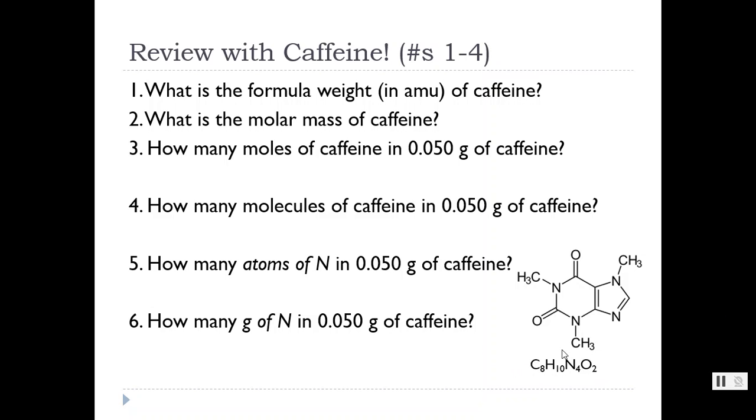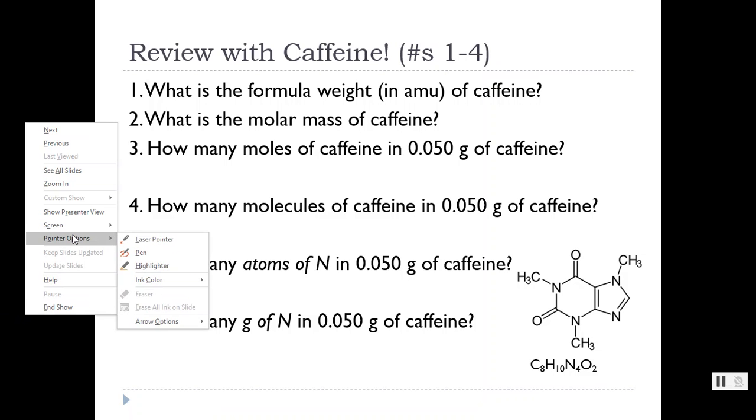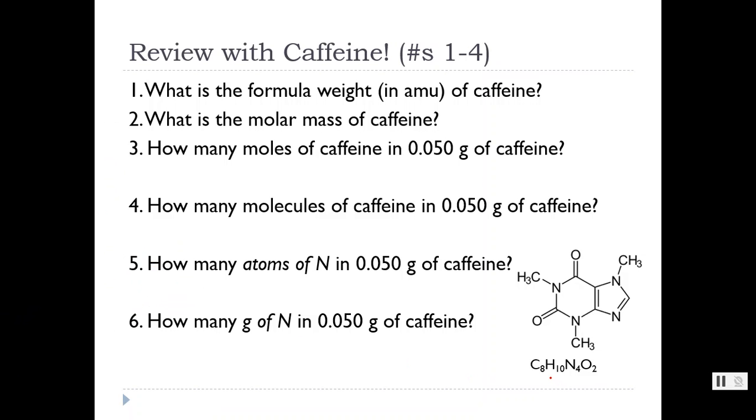Right now, you should be able to look at this molecular formula of C8H10N4O2 and answer the question, is this an empirical formula? The answer is no, it is not, because you can further divide or simplify those subscripts by 2. So you should be able, at this point, to identify and define what structural formulas, molecular formulas, and empirical formulas are.